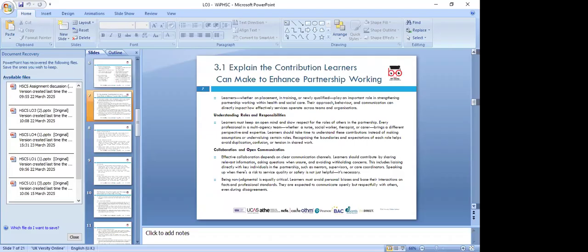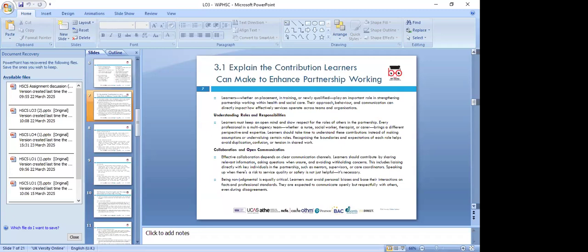Speaking up when there is a risk to service quality or safety is not just helpful, it is necessary. Being non-judgmental is equally critical. Learners must avoid personal biases and base their interactions on facts and professional standards. They are expected to communicate openly but respectfully, even during disagreements.